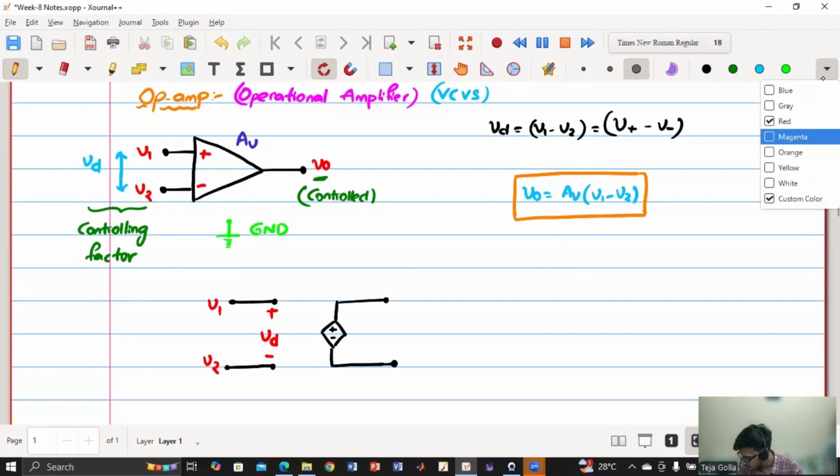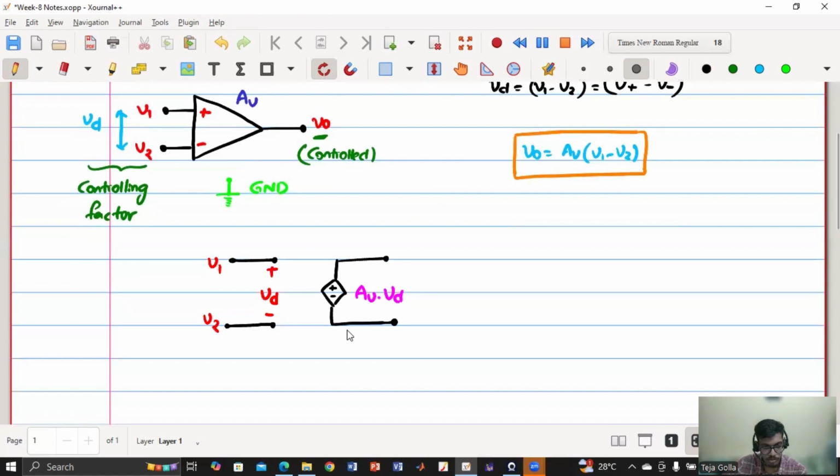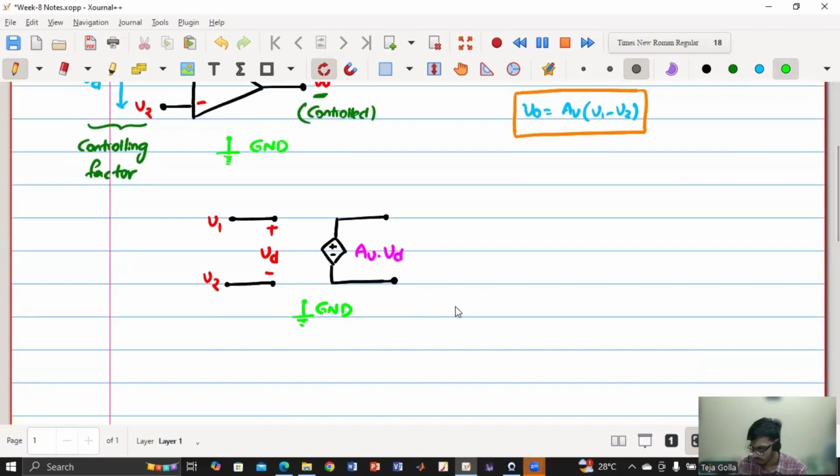On the output side we have AV into VD, because VD is nothing but V1 minus V2. Kindly note that this bottom terminal is not the ground, which is very crucial. There is a common ground. None of the terminals are ground, but all are with respect to a common ground, which I'm representing as G and D. Again, VD is V1 minus V2.